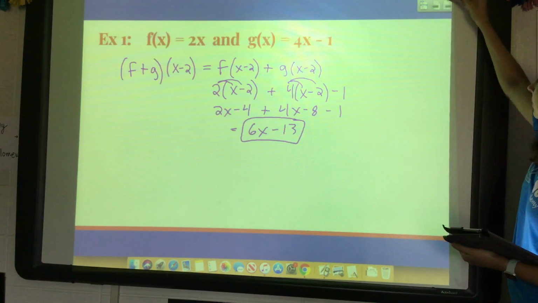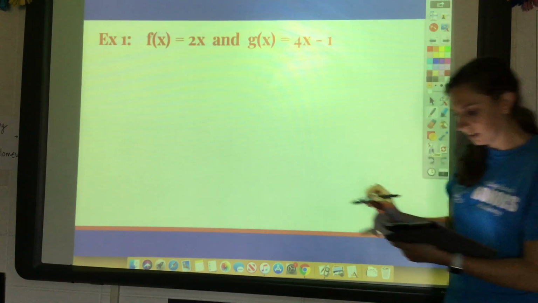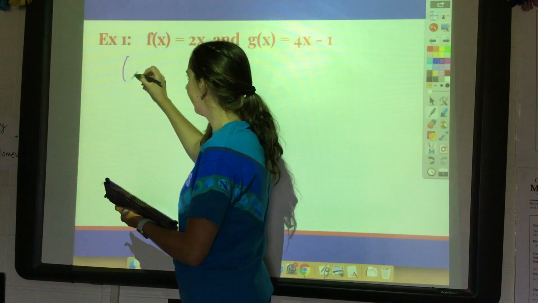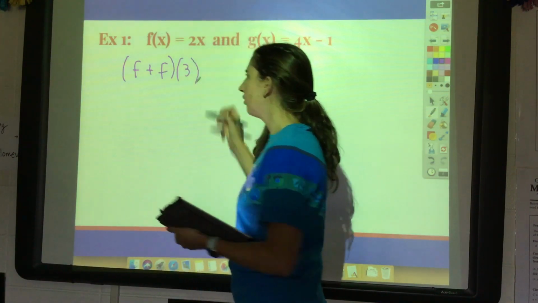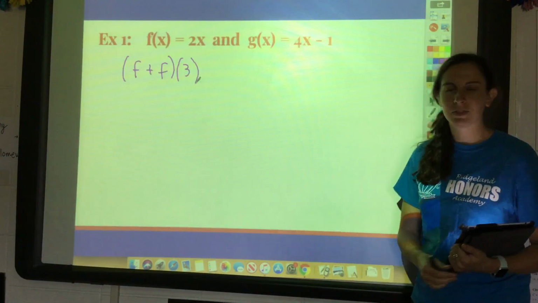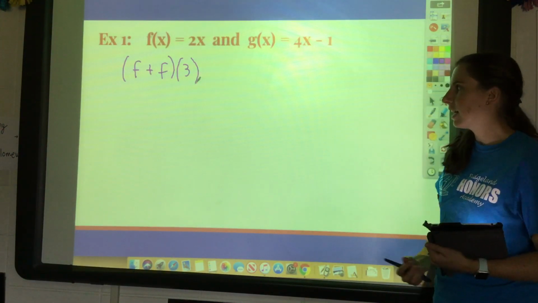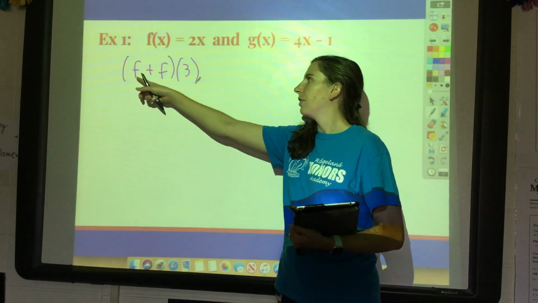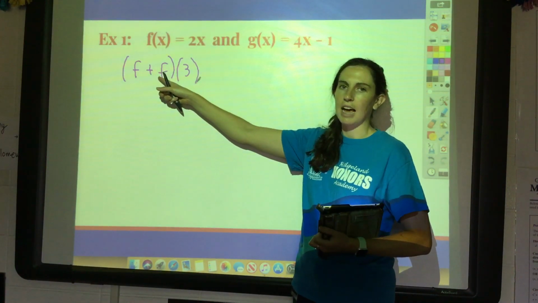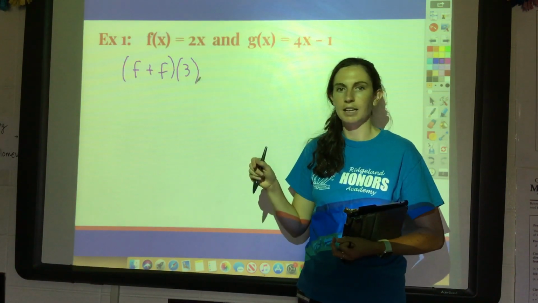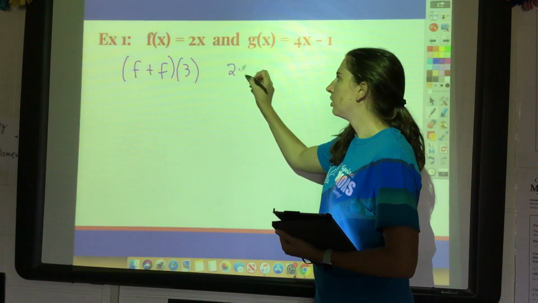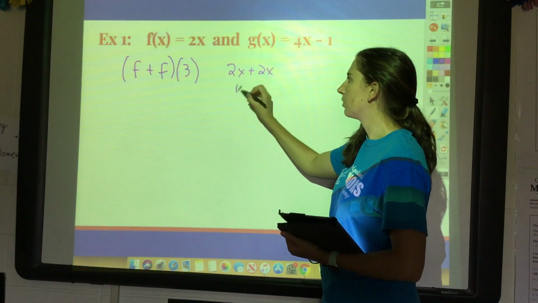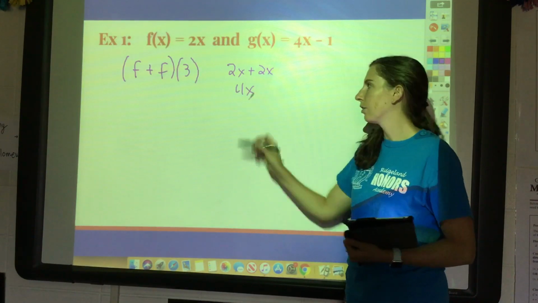All right, just 2 more. What if I had this? F plus f of 3. We can do that. This says take function f and add it to another function f, and the input should be 3. So you could add them together first, like I could do 2x plus 2x, which is 4x, and then I could put in the 3.